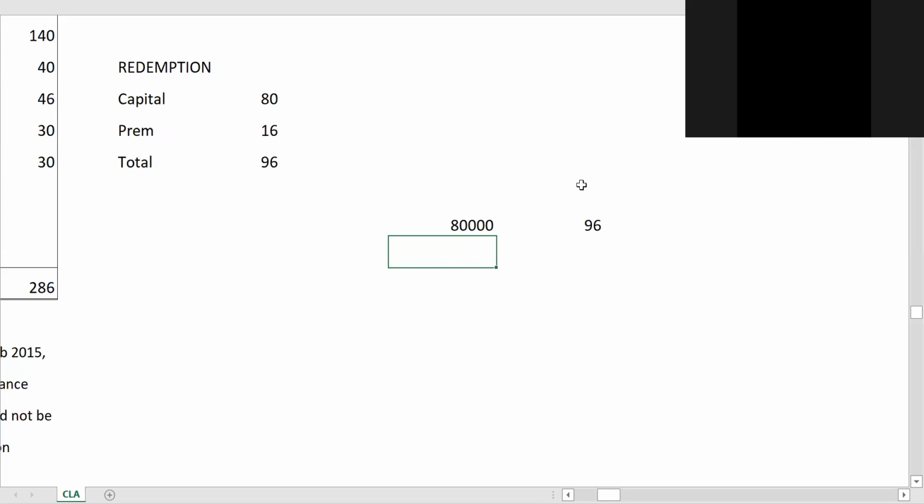And for 10,000 shares, how much will it be? We'll do 10,000 into 96 upon 80,000. Basically, we need to do this into this divided by 80,000. How much do you get? That will be the bank account amount. Redeemable preference shares debited to bank, that will be the amount. Here we write.